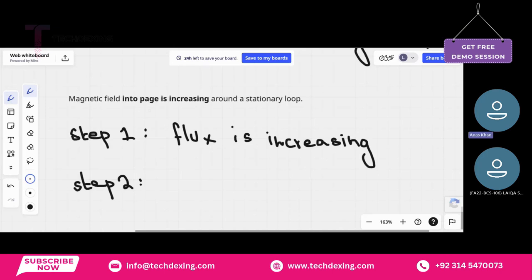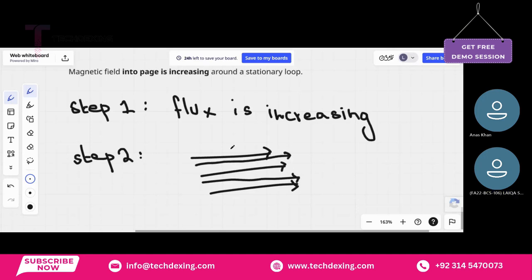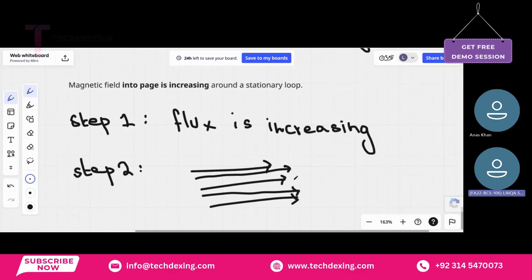Yes, if I create an induced magnetic field which is also pointed into the page, the flux will increase more, right?